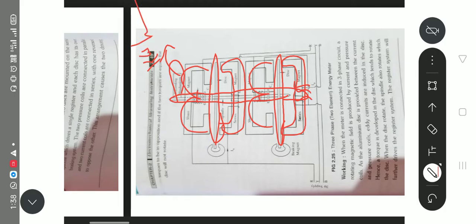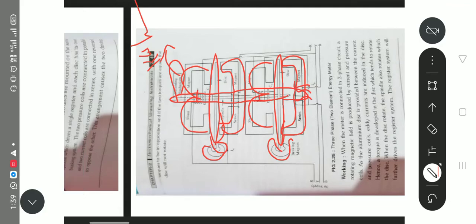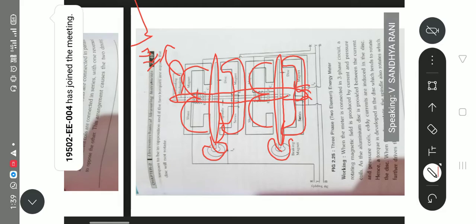Whenever the speed of the aluminum disc is high or low, we can control it using the braking magnets. The braking magnets are placed at the corner of the aluminum disc. The braking magnets are permanent magnets, and they control the speed of the aluminum disc.